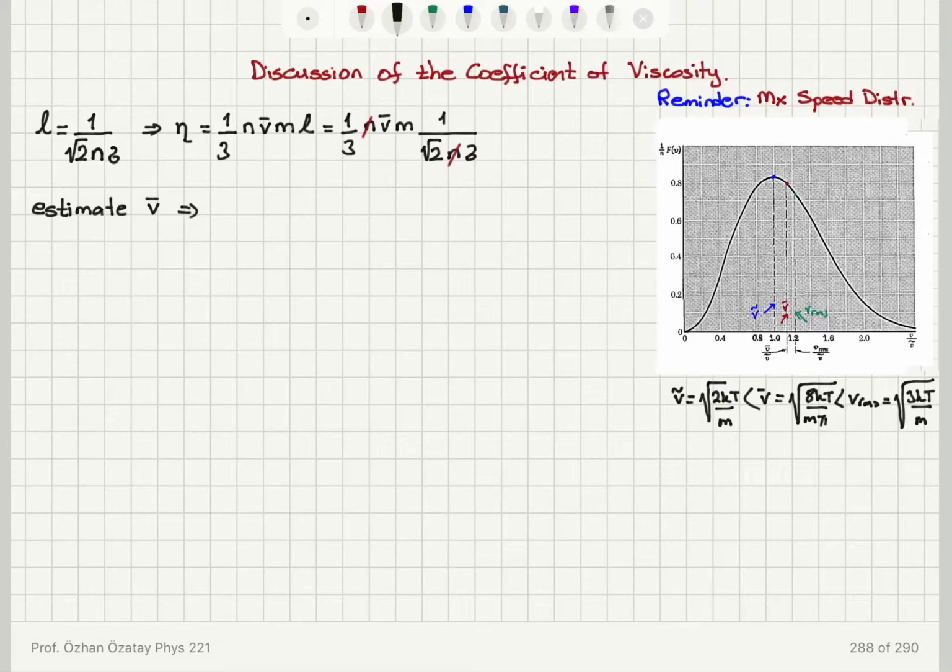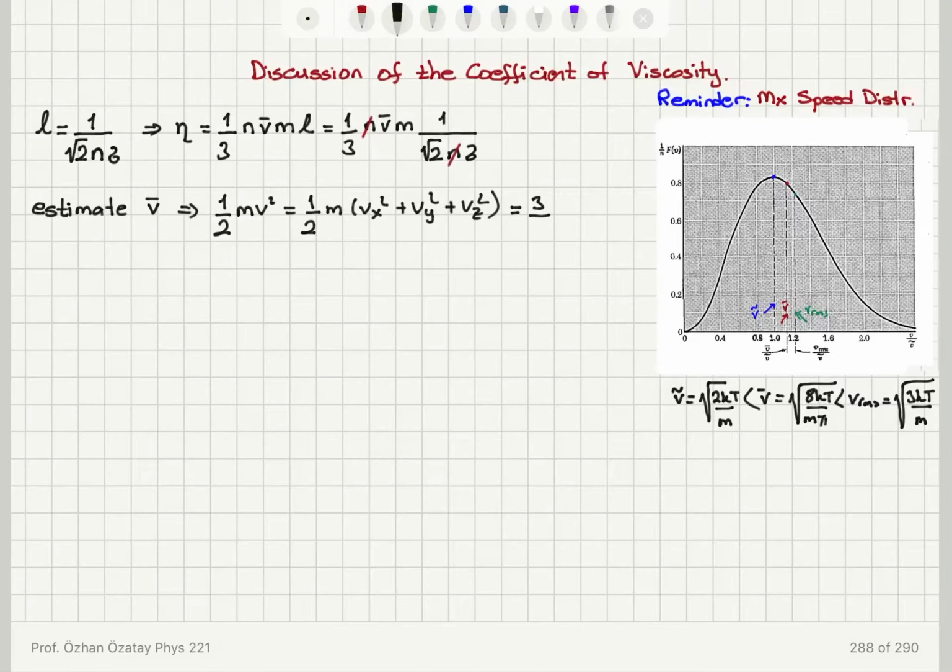We have 1/2 m v squared equal to 1/2 m (vx squared plus vy squared plus vz squared). Remember, each independent quadratic degree of freedom gives a 1/2 kT contribution to the thermal energy.